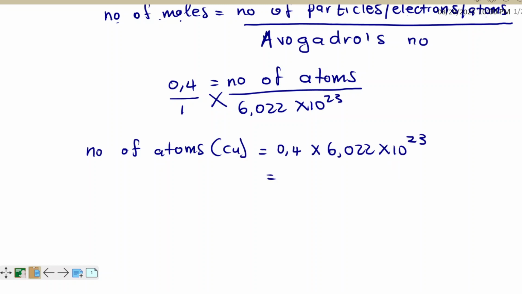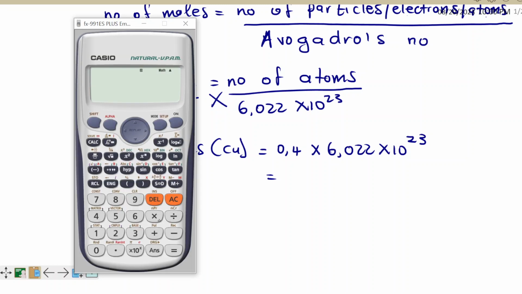Then we need now to find this on the calculator. 0.4 multiply by 6.022 exponent 23.